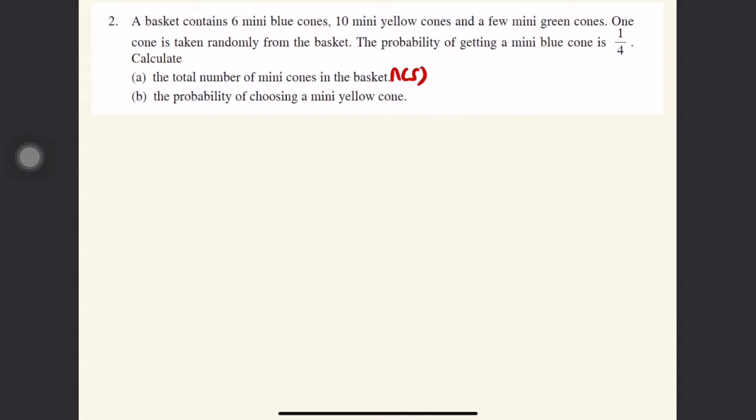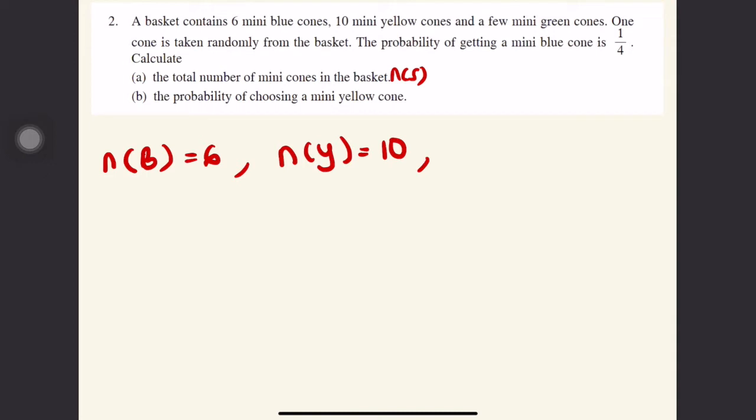number, so n(S). From the question, we list out the information first. We have number of blue cones is 6, number of yellow cones is 10, and given the probability of getting blue, P(B) is equal to 1/4.